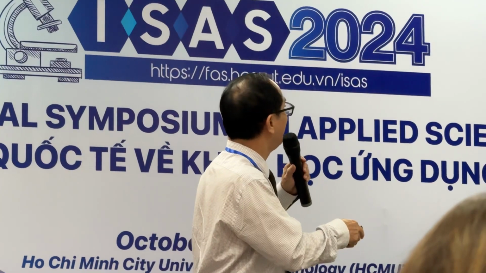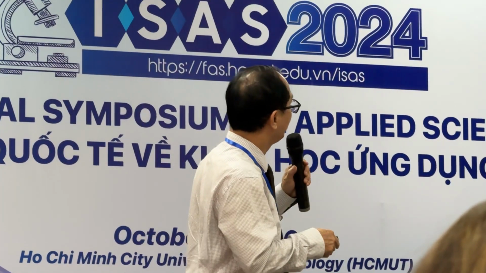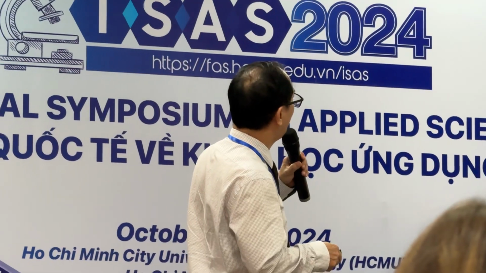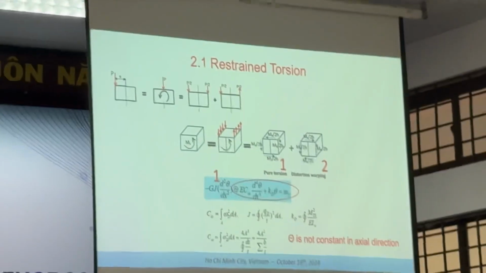So we decompose it into 2 parts: pure torsion and distortional warping. The first is pure torsion. We can use the classical theory to identify this segment.